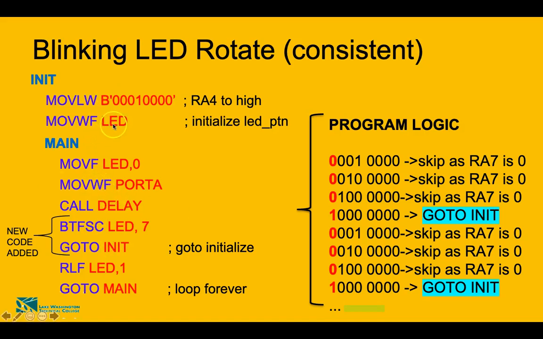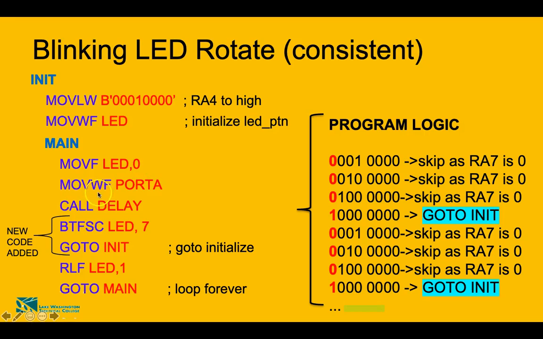So we understood till here that into the LED file register this literal number has gone, and then using the MOVF instruction, what's going to happen? Whatever you have in the LED will be stored into the working register, comma 0, because this 0 indicates storing the value in the file register into the working register.